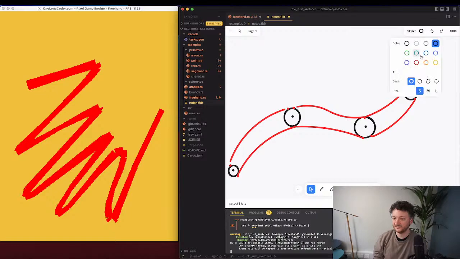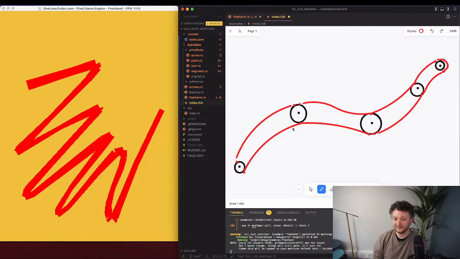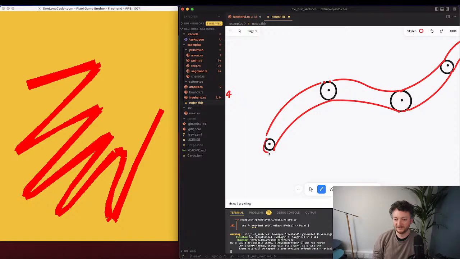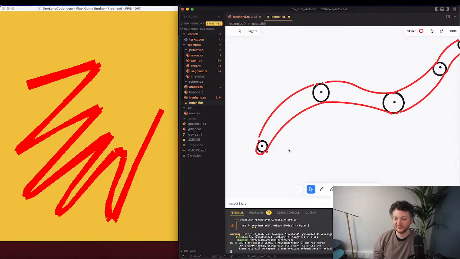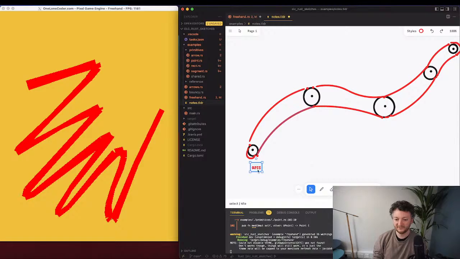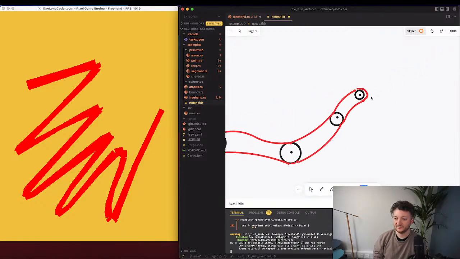And really that also includes drawing arcs between these points. We're going to be drawing an arc here for the caps, and another arc here for the other cap.